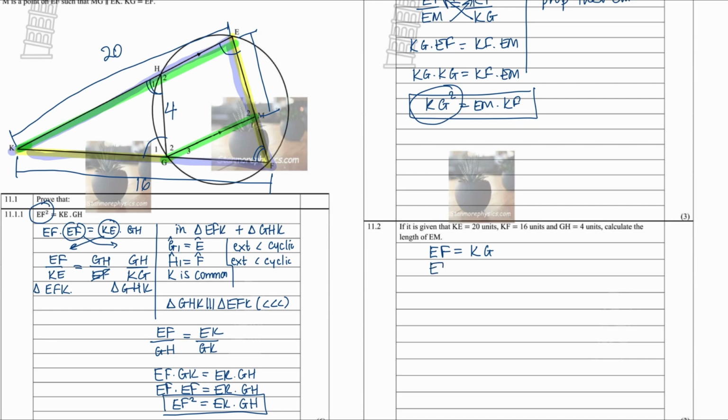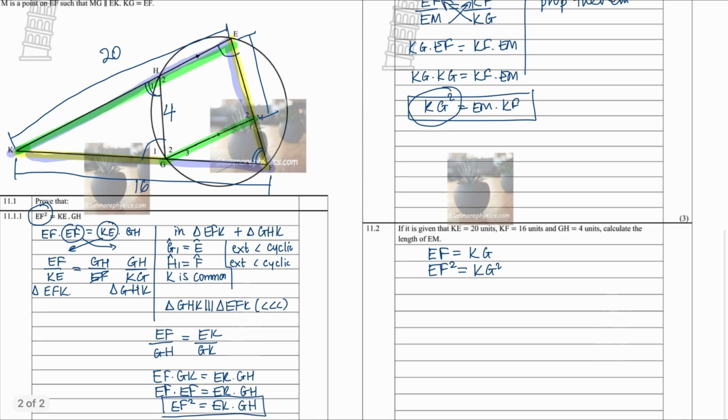So EF squared is going to equal KG squared. But EF squared is equal to KE times GH. And KG squared is equal to EM times KF.